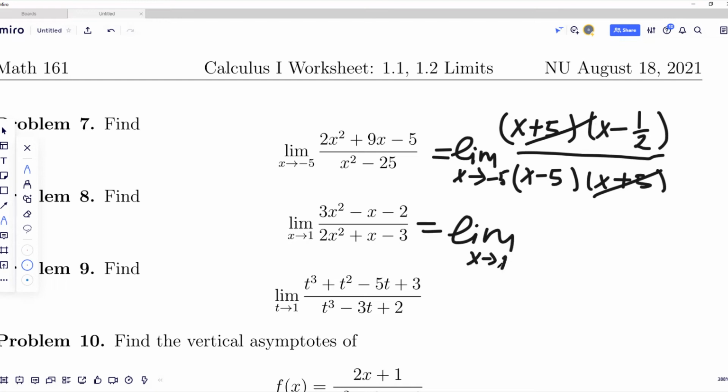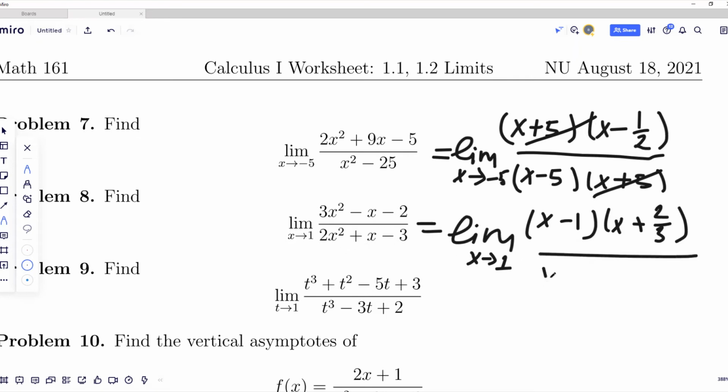x approaching 1. First root is 1. Other root is minus 2 over 3. So x plus 2 over 3 in the denominator.